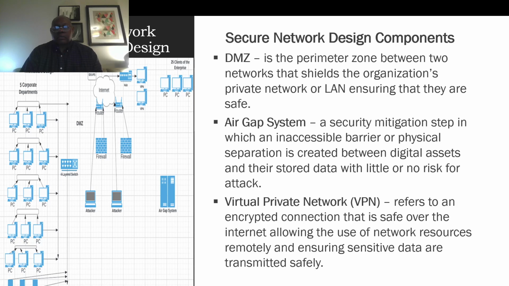And I included a VPN in my design. A virtual private network refers to an encrypted connection that is safe over the internet, allowing the use of network resources remotely and ensuring sensitive data are transmitted safely.